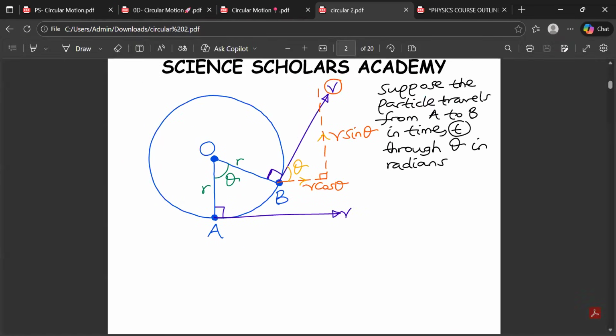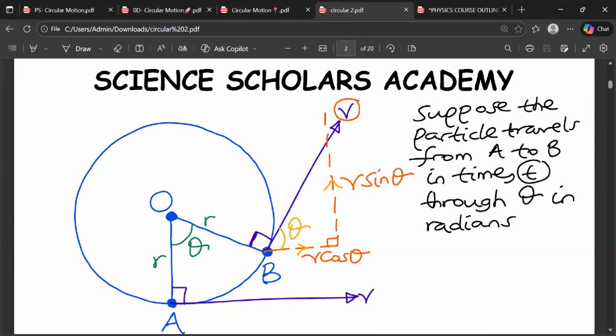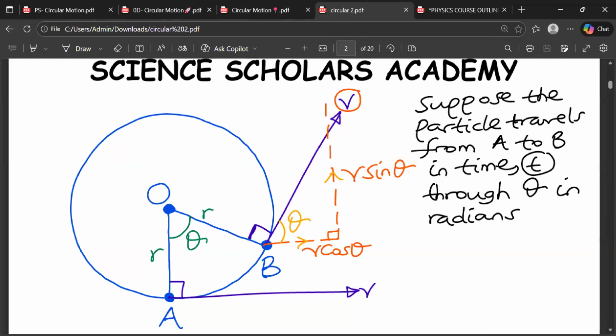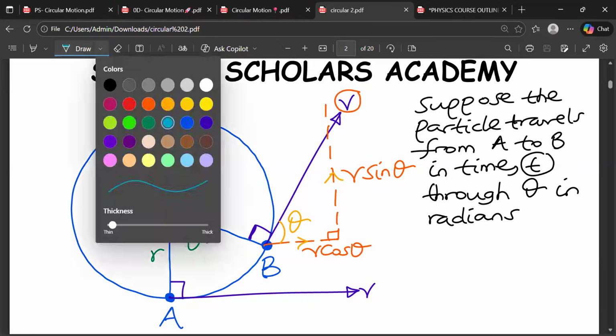So we are saying that the centripetal acceleration should be acting towards the center. And I'm trying to inquire, if it's really acting towards the center, what can be the direction of the centripetal acceleration in terms of A and O?